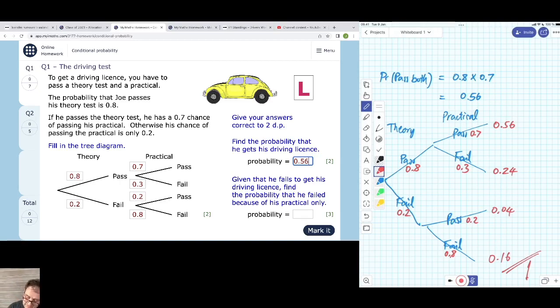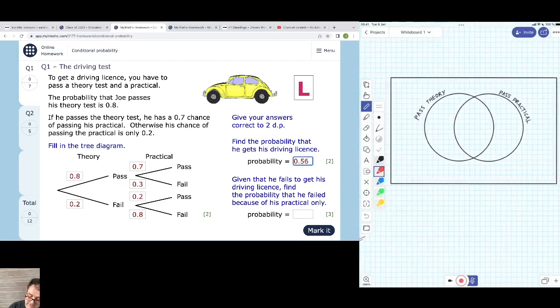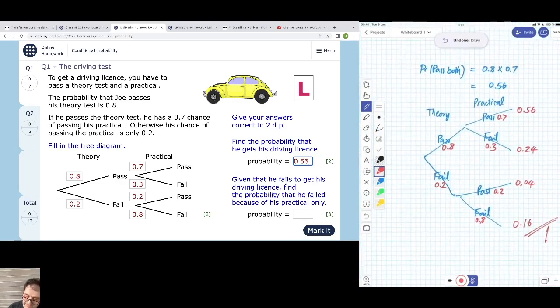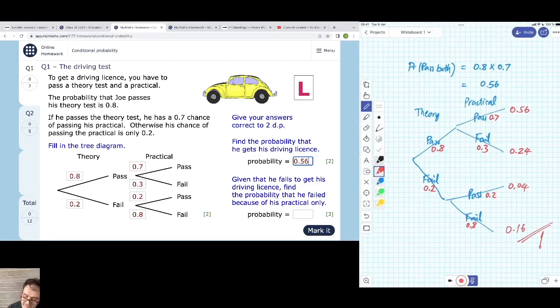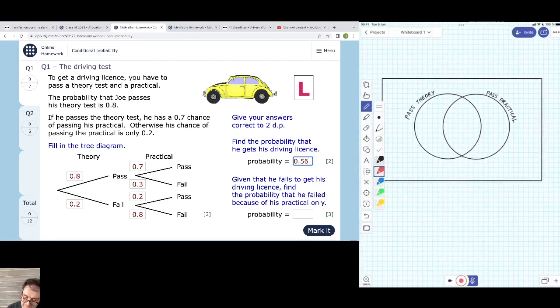Well, I like to look at these with Venn diagrams. So I've made one earlier. I've got two circles, one for if he passes the theory and one for if he passes the practical. So if he's in the middle there, then he's passed both. And we've seen that the probability of passing both is 0.56.